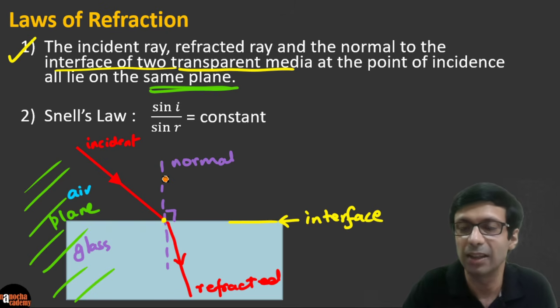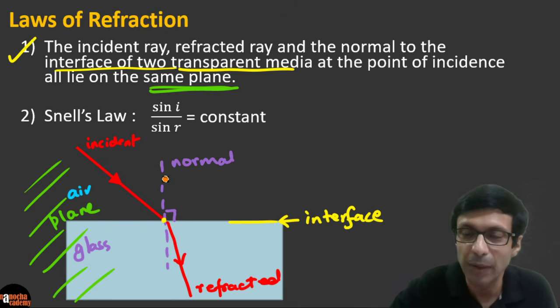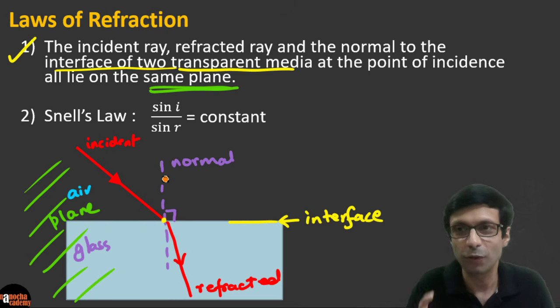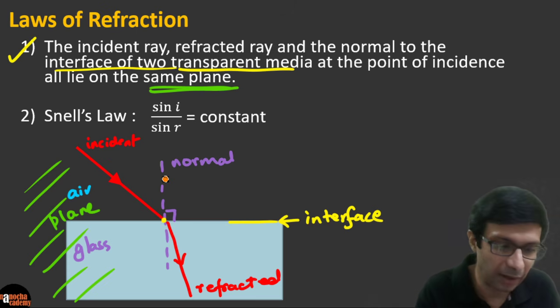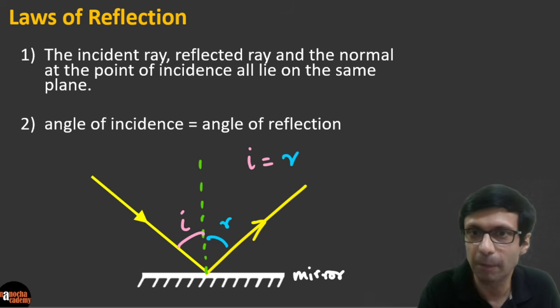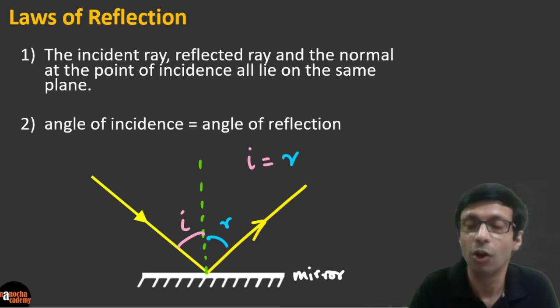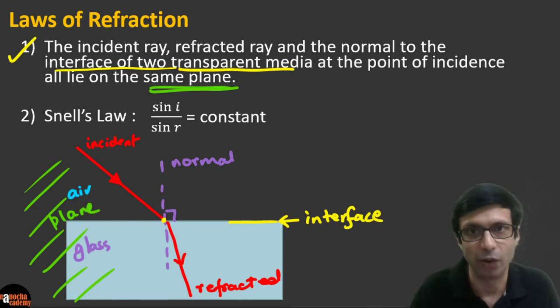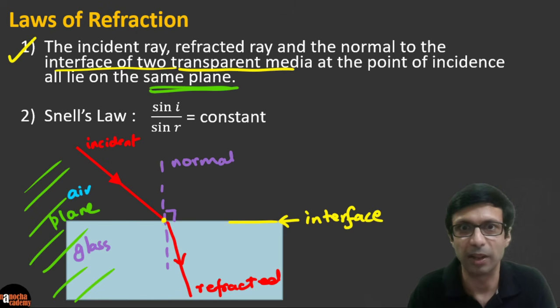When you draw this diagram in your notebook, the plane is your notebook. A lot of students have confusion regarding this. Just like in the law of reflection, the plane is the flat surface, the screen, or if you're drawing the diagram on paper, it's the paper. Same way over here. Please remember that.